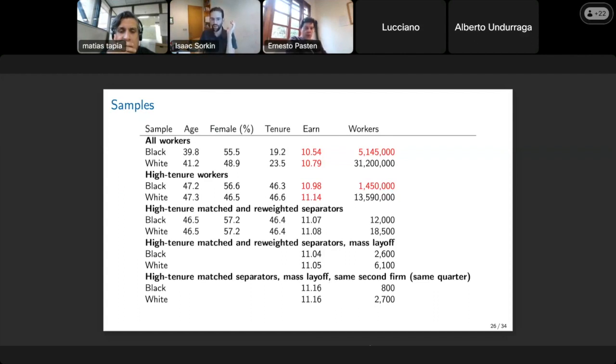The interesting data fact is that this is true for about a quarter of the Black workers. It's a weird corner of the data, but it lets you ask what happens if Black and white workers start at the same firm making the same amount and go to the same next firm. Are they treated the same?